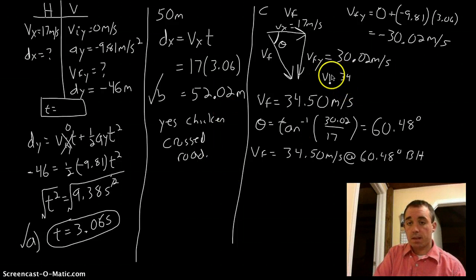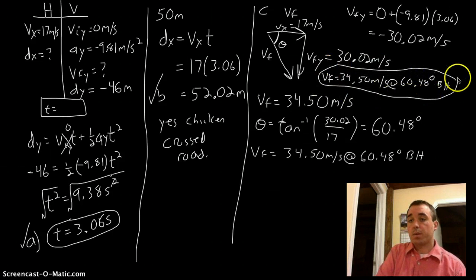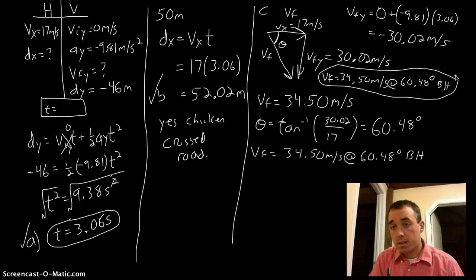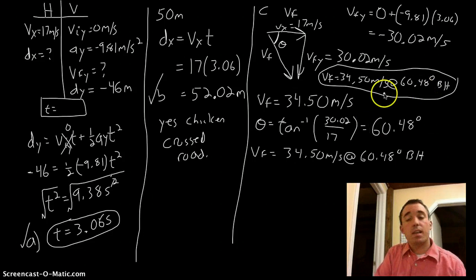This is our final velocity: 34.50 meters per second at 60.48 degrees below the horizontal. That is our answer to part C. Mine was 34.52 the initial time I did it, but that's all rounding errors, so that's all set.